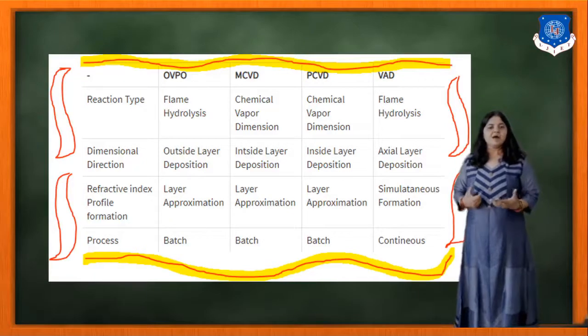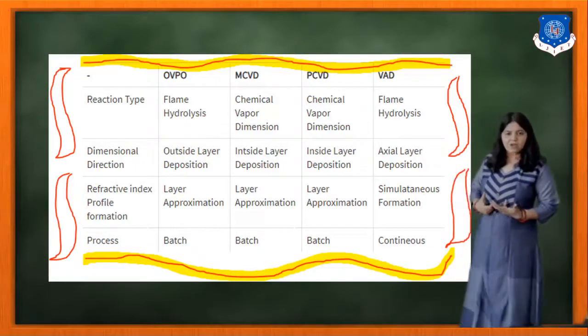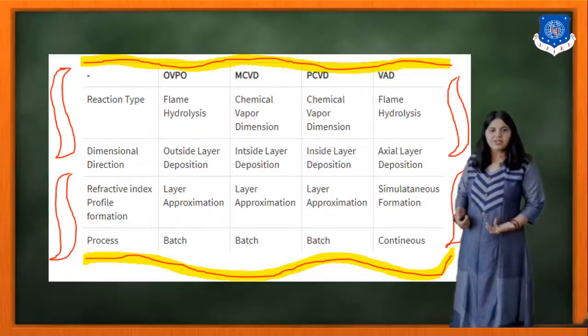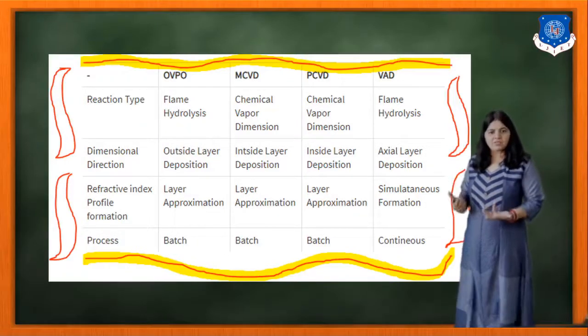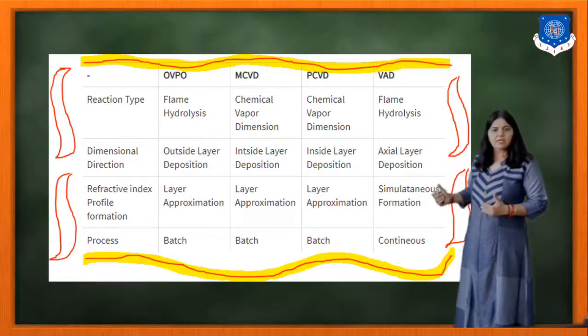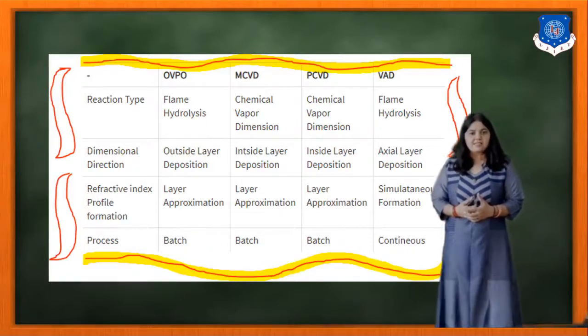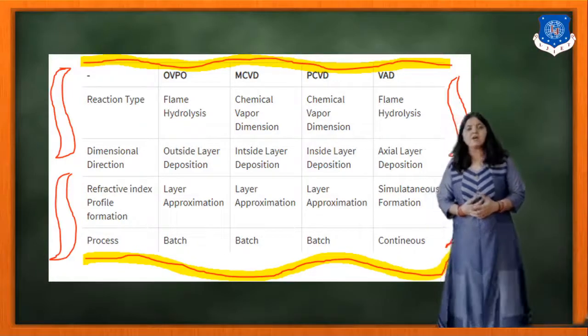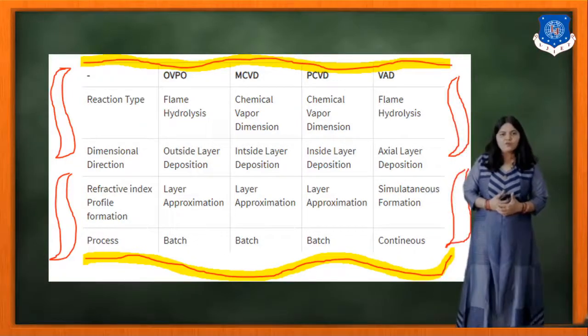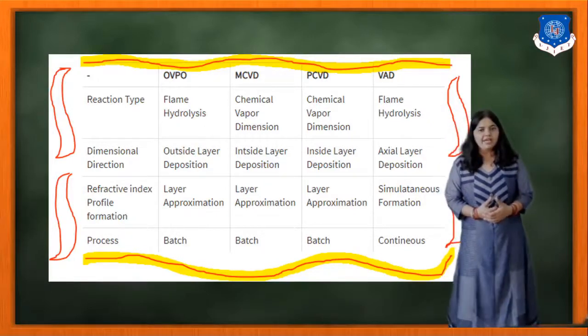Refractive index profile. In the OVPO method, layer approximation. MCVD, again layer approximation. PCVD, layer approximation, and the VAD method, it's a simultaneous formation as we have studied. The process of forming the fiber using the OVPO, MCVD, PCVD, VAD.